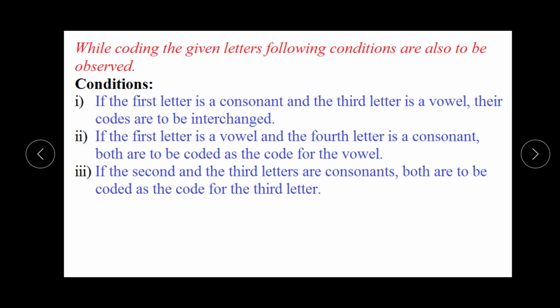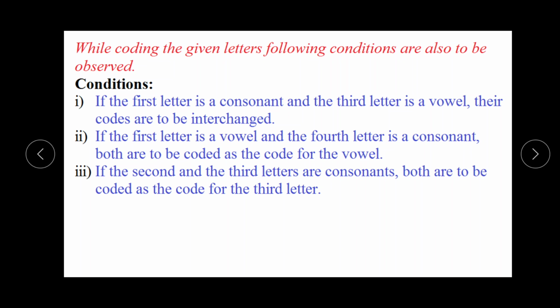It means if the code for any given word is asked, we will check whether the first letter is a consonant and the third letter is a vowel. If the consonant is at the first position and the vowel at the third, we will apply this condition. And how will we apply it? We will interchange their codes. It means the vowel's position gets the consonant code, and the consonant's position gets the vowel code.